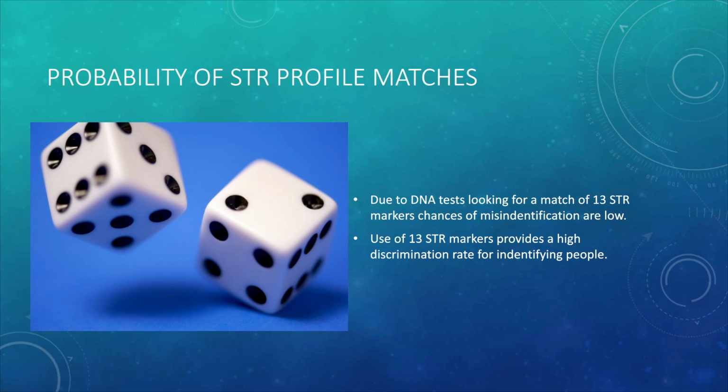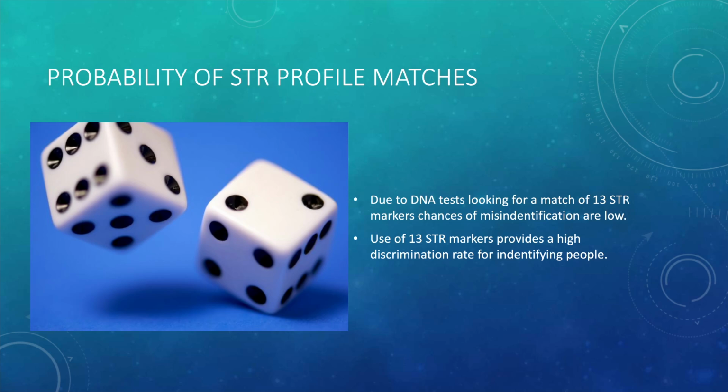There is a good reason why we use 13 STR markers. I couldn't find the statistic exactly. I've seen it before, but I didn't want to state it and talk out of my butt. But basically, having 13 STR markers match means there's a very low probability of misidentifying someone, and it provides a very high discrimination rate for identifying people.